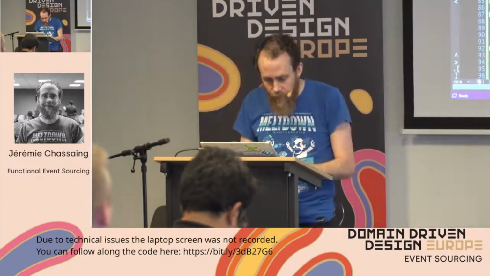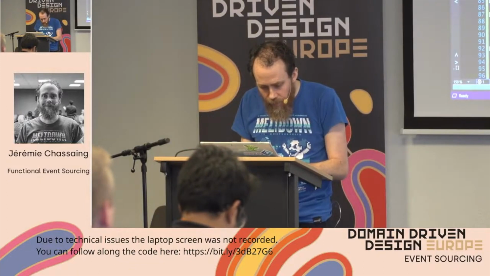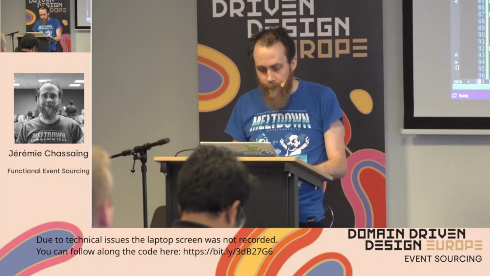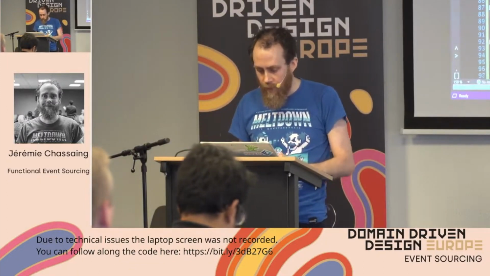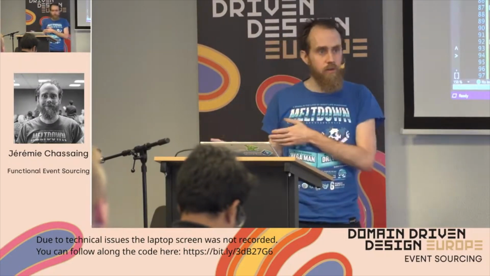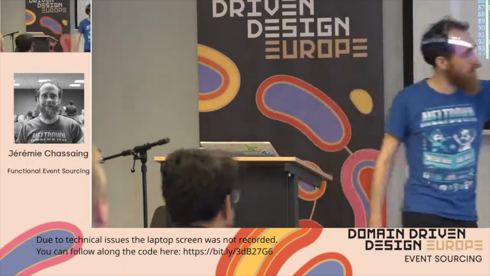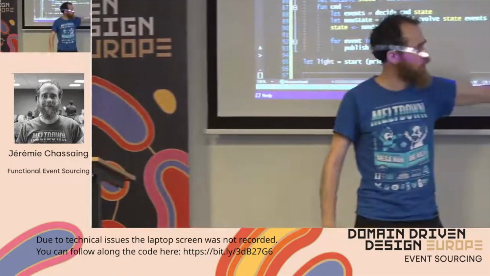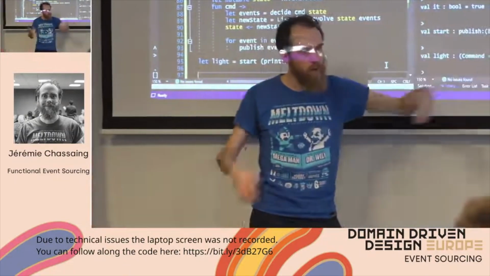So start like that. So my light now is something that takes a command and does something. Unit is like void in most languages. So it's just something that I can call with a command and it will do something.